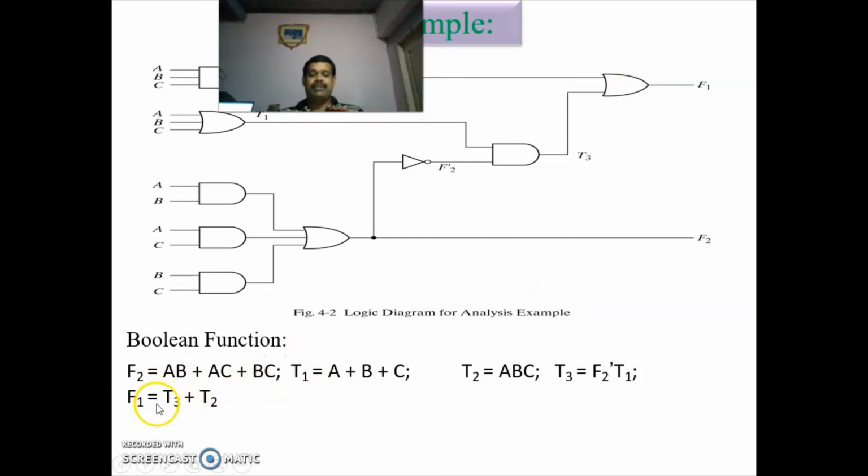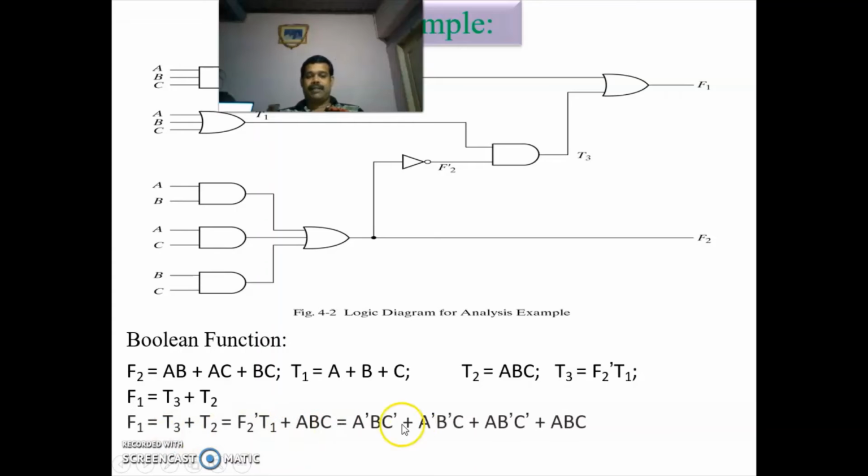Then we have to substitute the values of T3 and T2. After substituting T1, T3 and T2, we will be getting A bar B C bar plus A bar B bar C plus A B bar C bar plus A B C.